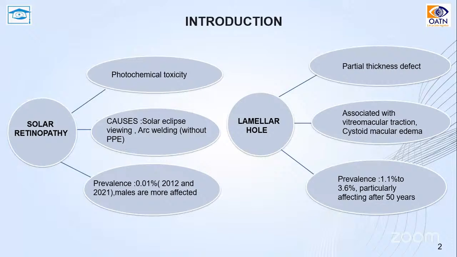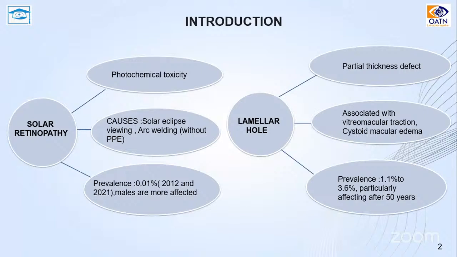First of all, let's have an intro on solar retinopathy and laminar hole. Solar retinopathy is a photochemical toxicity causing resultant injury to retinal tissue, usually occurring at the fovea.